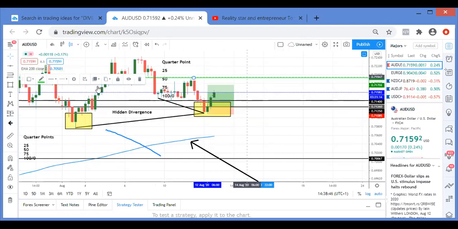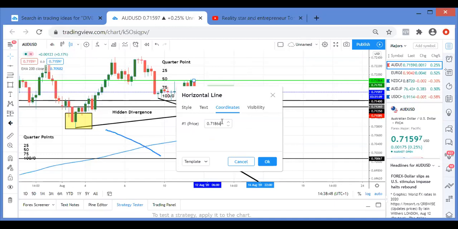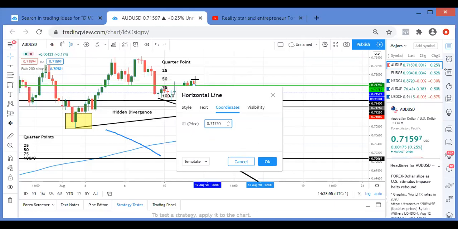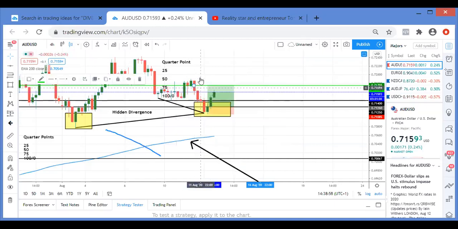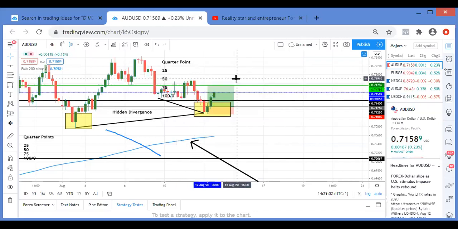With that 750, it's closer. See, this is my ceiling. Can you see how it's still close to my ceiling? That's why I took it.